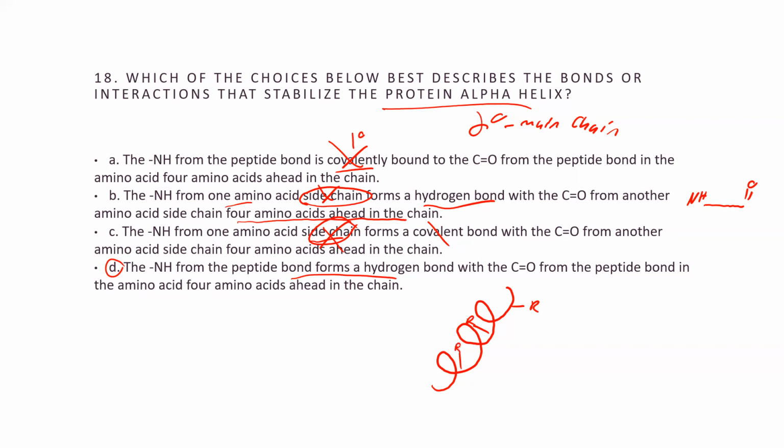What is making this alpha helix hold together is that the amine terminus has a hydrogen atom and 4 amino acids ahead on the main chain. What's the main chain?